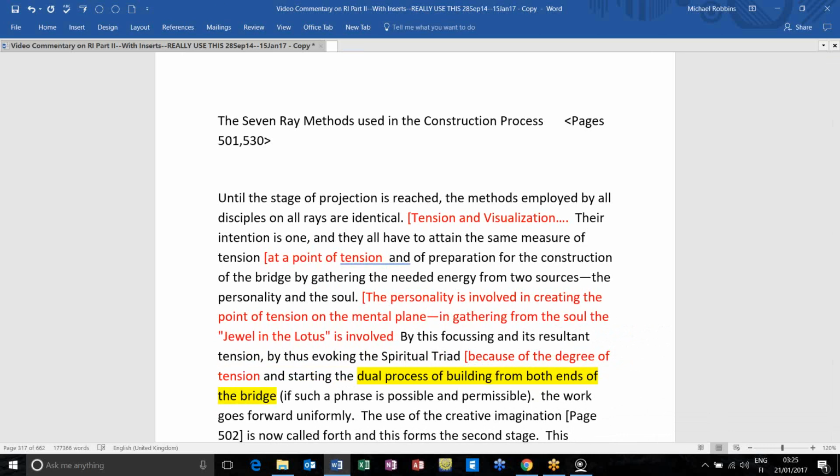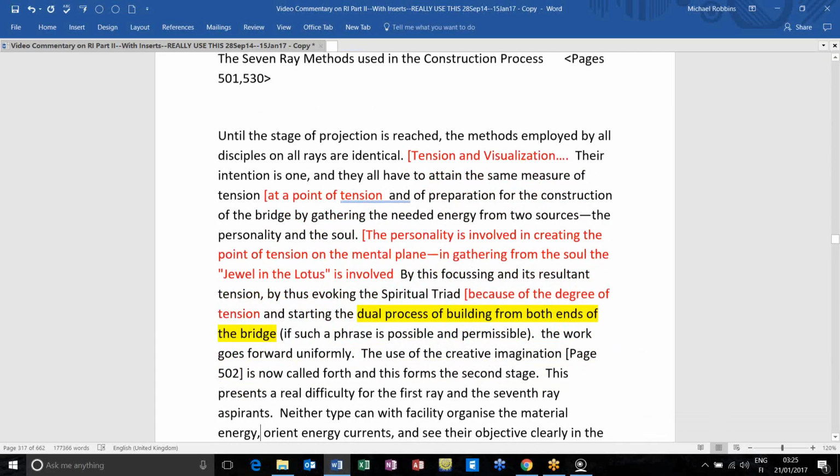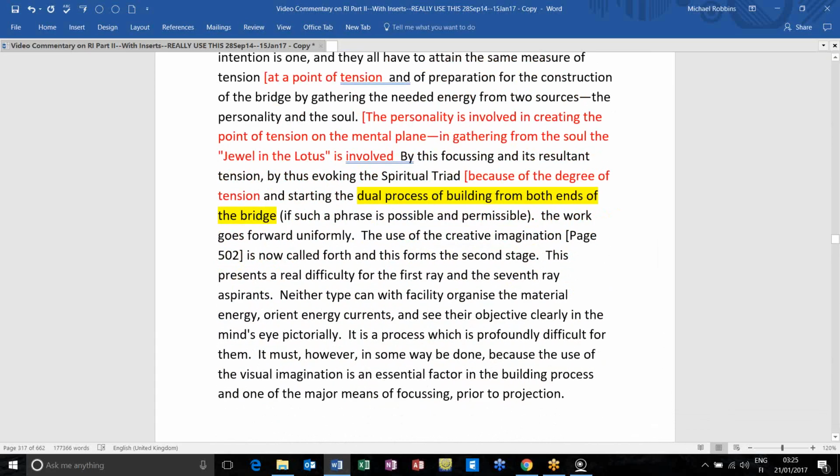And he says, both ends of the bridge, if such a phrase is possible and permissible, the work goes forward uniformly. He's searching for all kinds of words here to help bring across a very subtle subject, the nature of which is not yet clear to us because we have not practiced sufficiently and made it our own.